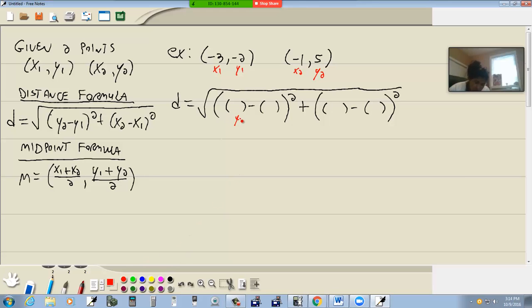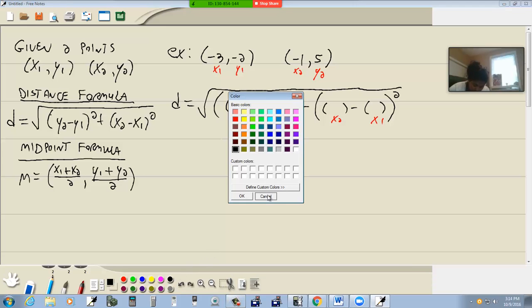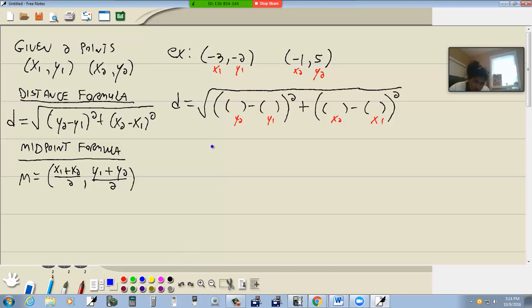And this will be y2 here, this will be y1, and this will be x2, and this will be x1. Well, y2 we said was 5, y1 is -2, x2 is -1, and x1 is -3.